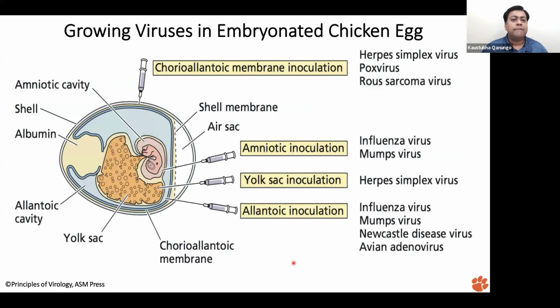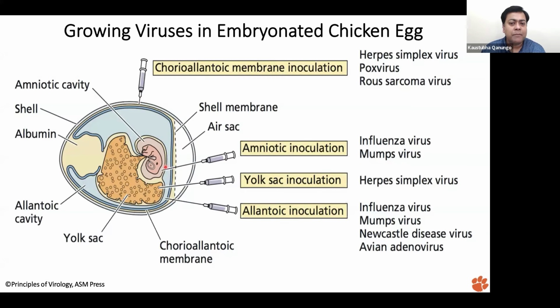All right, another very popular idea is growing the viruses in embryonated chicken eggs. These eggs are fertilized, and then they are inoculated with the viruses, and you can see that there are different viruses in different areas. You have a chorioallantoic membrane inoculation just at the very surface.